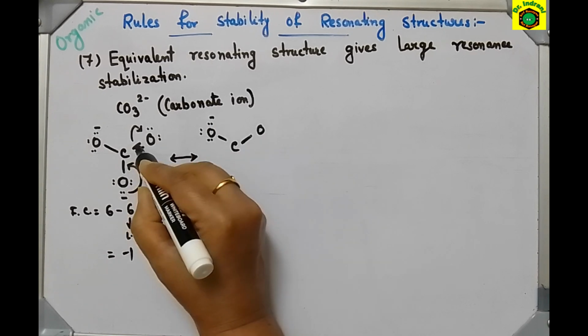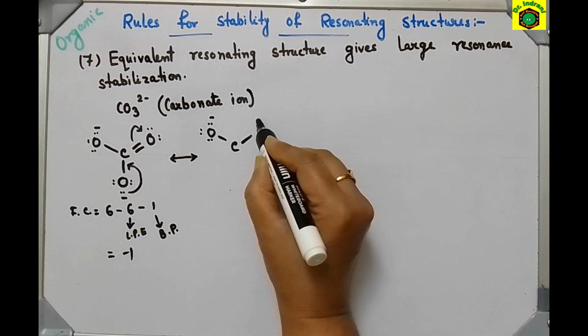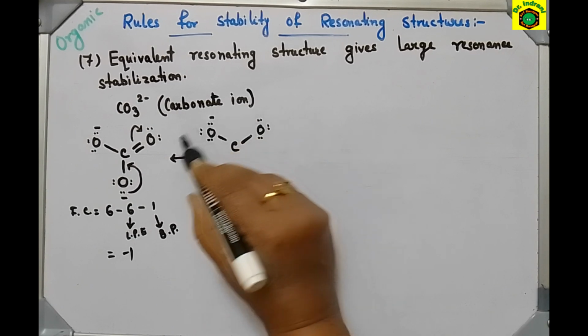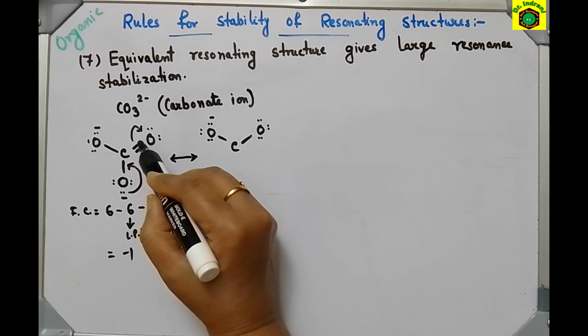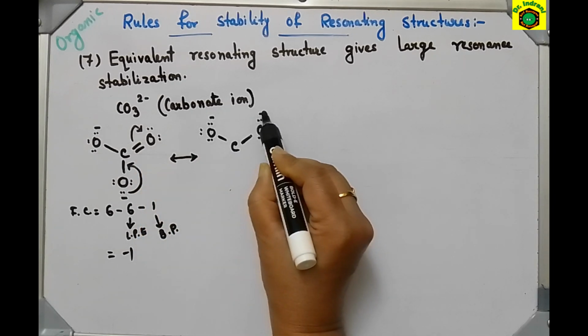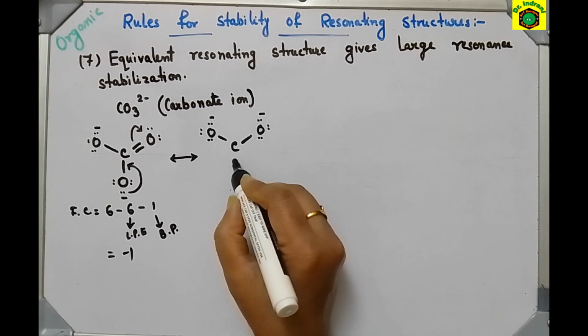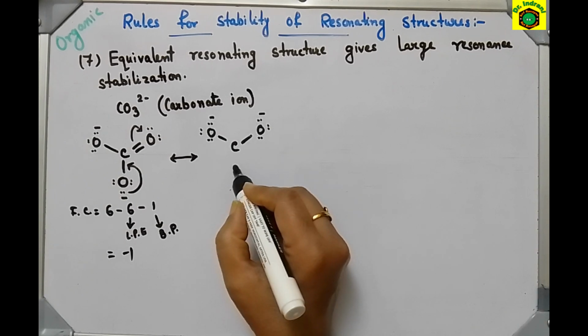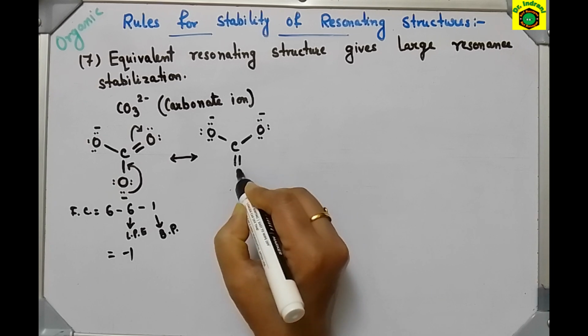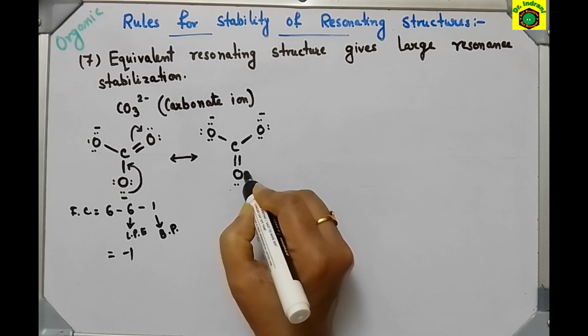Here 2 lone pairs, these pi bond electrons are transferred here. So here negative charge, it is coming as lone pair, extra lone pair, and here carbon oxygen double bond.